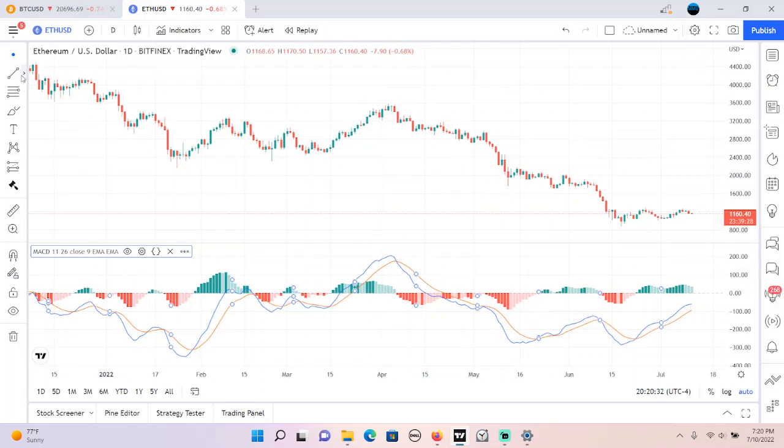So the histogram matches up with the moving averages and gives you a good idea of the overall trend and where potentially the next move in the market can be, and how the history can give you a good idea of the future.